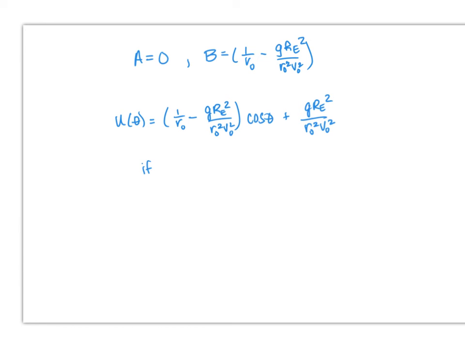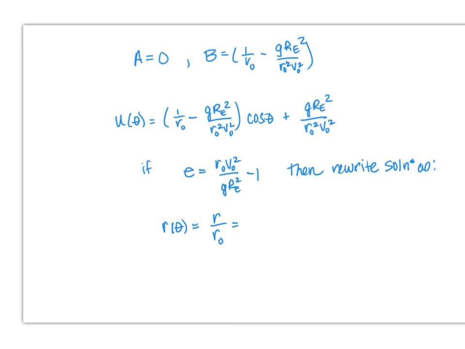If we introduce a quantity called the eccentricity and define it as r naught v naught squared over G R E squared minus 1, then we can rewrite this. We can actually rewrite the equation using the eccentricity.